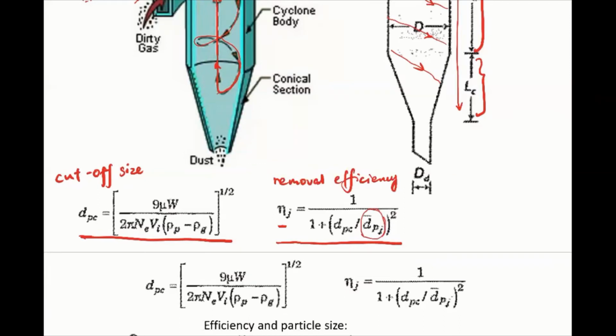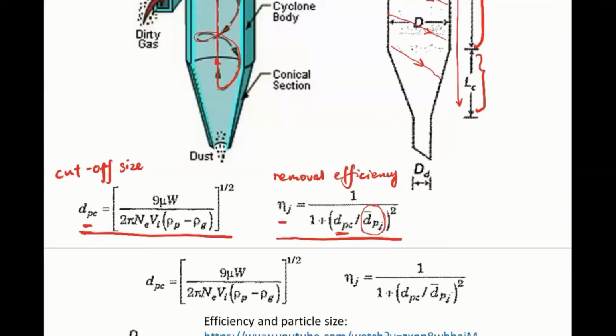I already solved the dpc here. You see the dpc is just the equation here. Maybe I should leave some time for you to write down the equation. Okay, so this is the cutoff size, dpc.